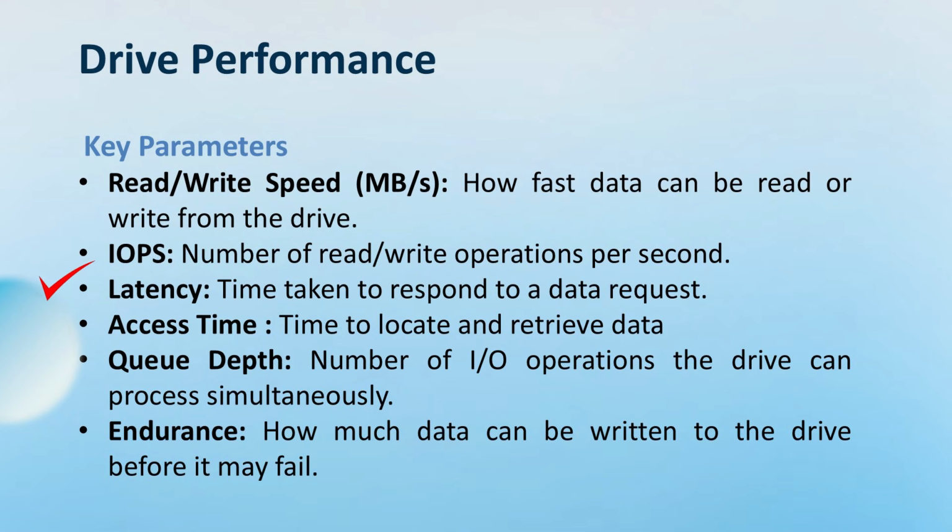We have latency, the time taken to respond to a data request; access time, the time to locate and retrieve data; and queue depth, the number of I/O operations the drive can process simultaneously. In the last, we have endurance, which is how much data can be written to the drive before it may fail.